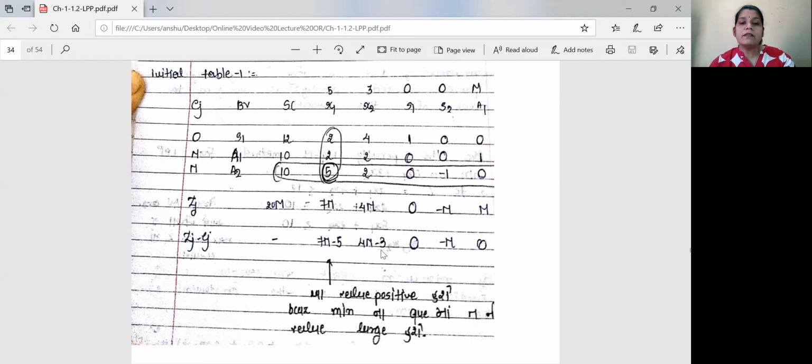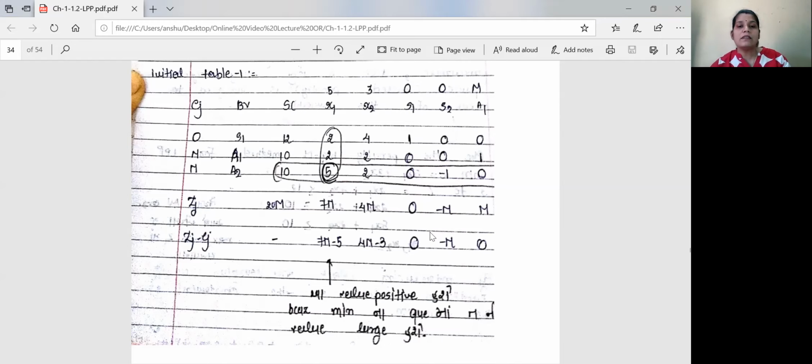So 7M minus 5 is obviously the larger quantity, and it lies in our x1 column. So our entering variable is x1. If one variable enters, then another variable leaves.